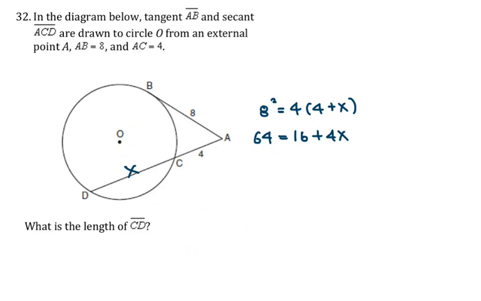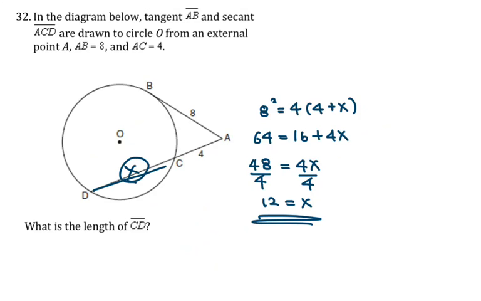By subtracting 16 from both sides, we get 4X equal to 48. By dividing by 4, X would be equal to 12, and that's exactly what we're looking for, CD, which was equal to X.